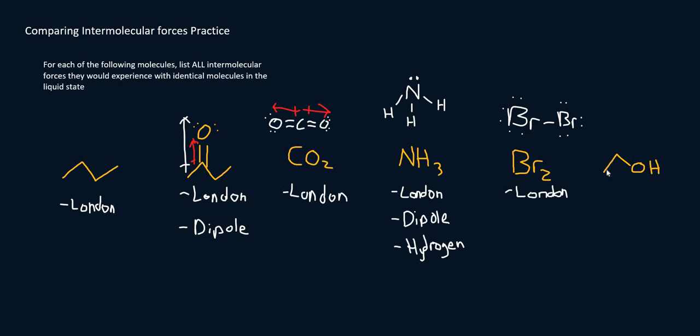So let's look now at this ethanol molecule right here, CH3CH2OH. And we're going to try to decide what forces are going on with this molecule here. So, of course, we know it's got London. Alright. Now, the question is, is it polar?